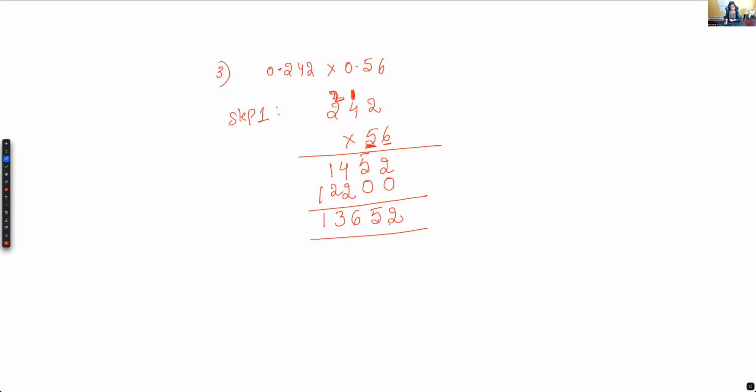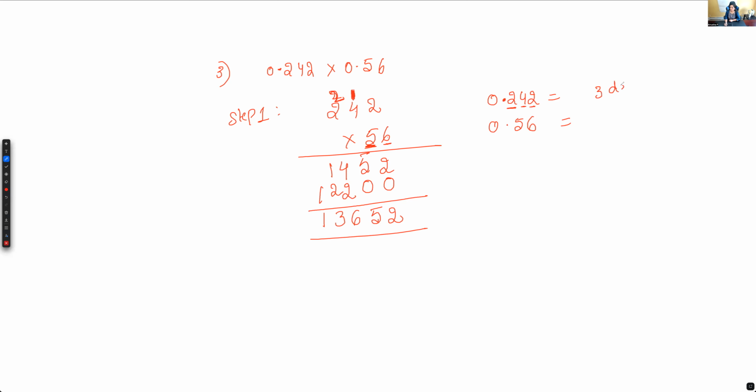Now, to keep the decimal point, what will we do? In 0.242 and 0.56, we have to count the number of decimal places. What do we mean by decimal places? After the decimal point, we have to count how many digits you have. So we have 1, 2, 3 digits.